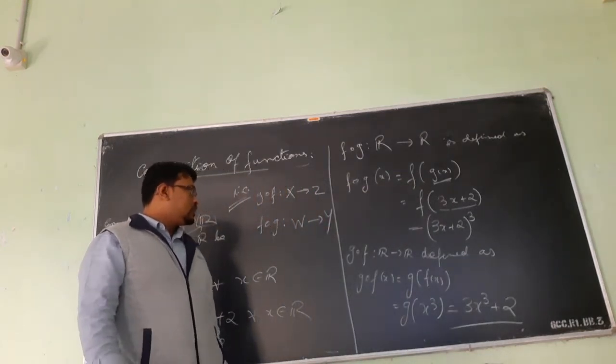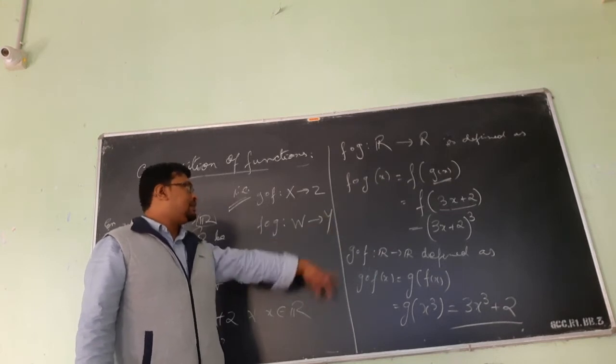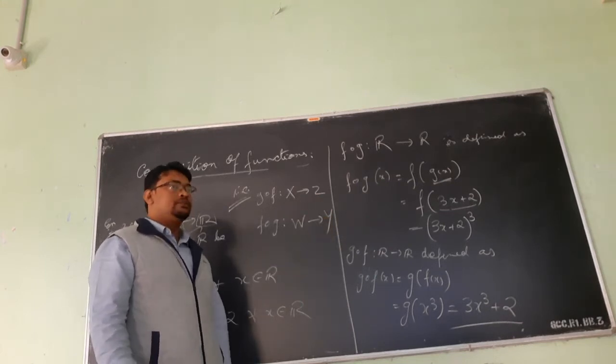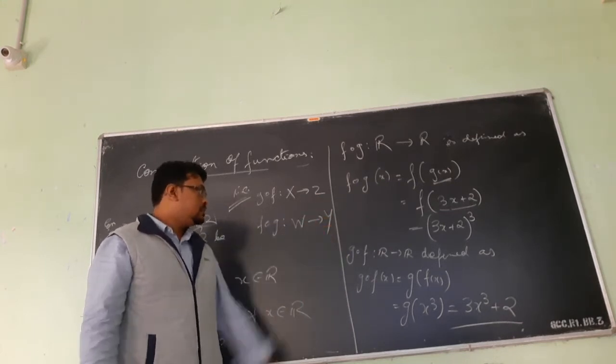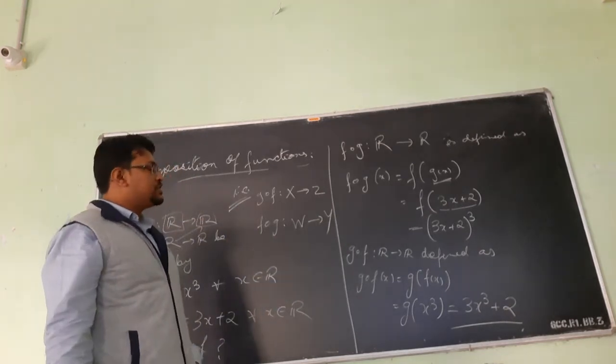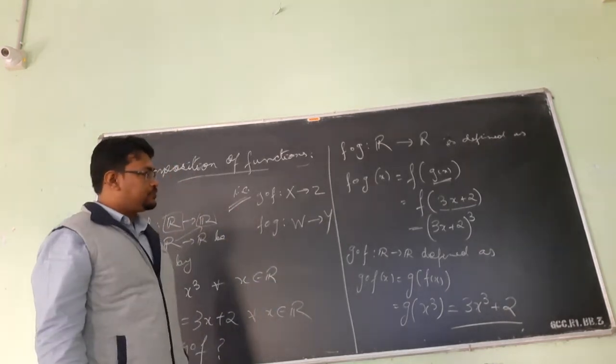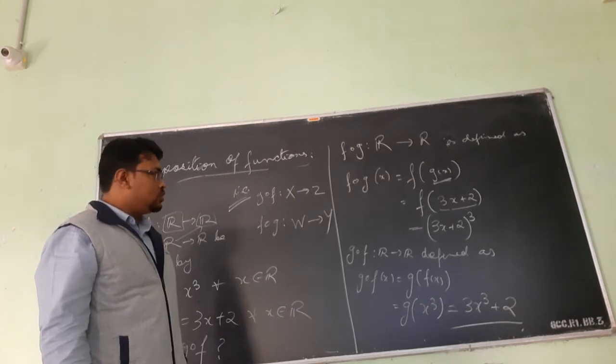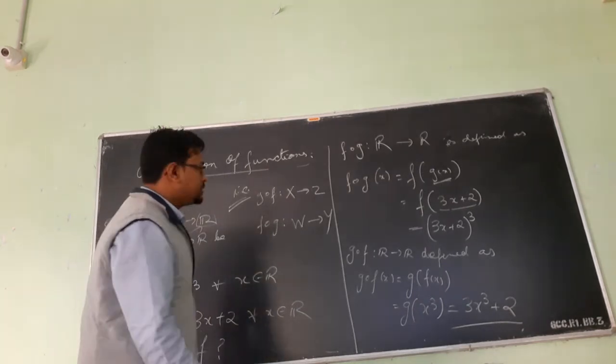So you see, in general f∘g and g∘f are different. They may be equal at some points, but as functions they are different: 3x cubed + 2 versus (3x + 2) whole cube.